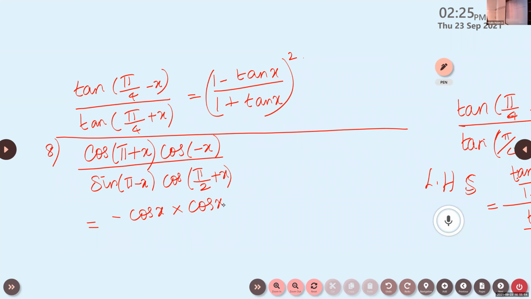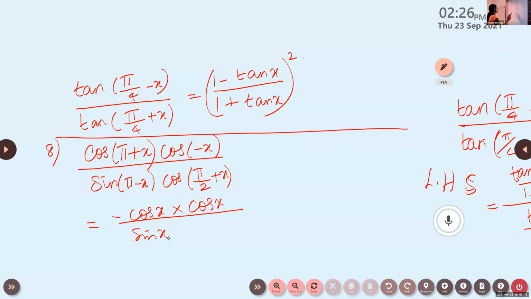Cos of minus theta is cos theta, isn't it? And what is sine of 180 minus theta? It is sine theta. And what about cos of 90 plus x? Whenever we get 90 and 270, we take the complementary angle, isn't it?